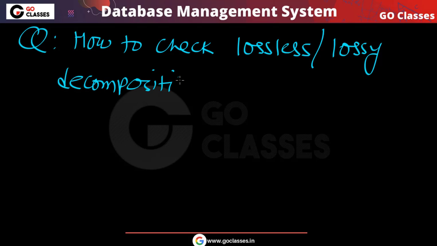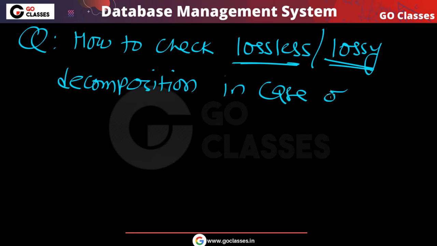How to check whether your decomposition is lossless or lossy in case of non-binary decomposition, meaning if you divide your relation into three or more sub-relations?